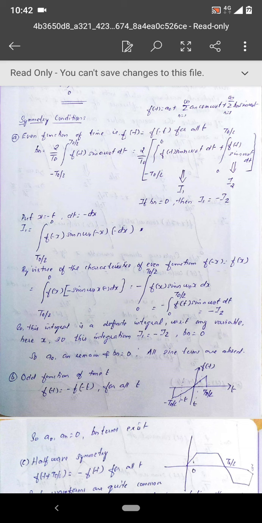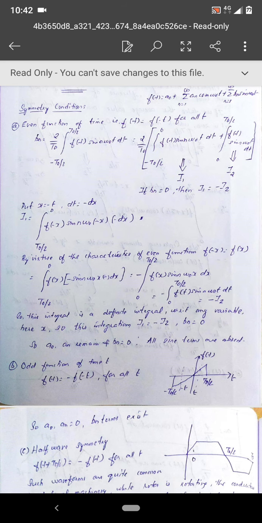And when you substitute a dummy variable, you have to replace everything in terms of that dummy variable. So dx is equal to minus dt, or dt is equal to minus dx. So instead of dt in the integration of I1, you can replace that by minus dx. And how do the limits of integration change?